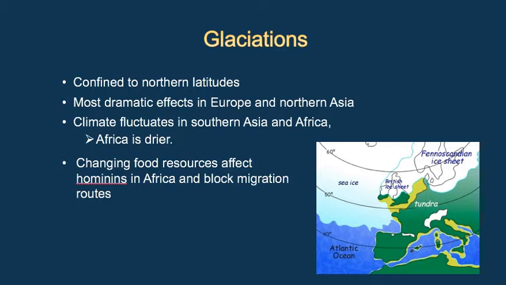In southern Asia and Africa, the climate is a lot drier and more arid, and the deserts expand. This is important to consider because we're talking about changing food resources, really dramatic changes in climate that are going to be affecting hominin behavior, migration routes, diet, all of that kind of stuff.